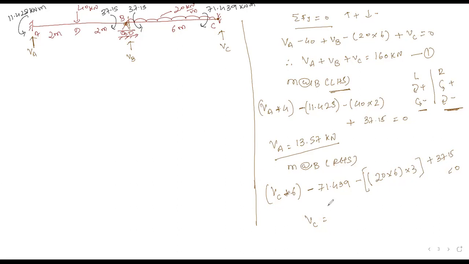So 65.71. Yes, 65.715 kilonewton. Now we have already calculated VA and VC.